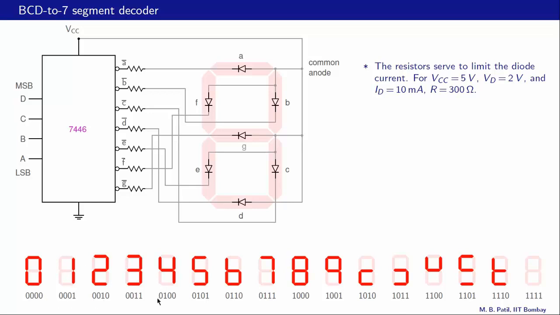Now of these various patterns, as a user we only care about numbers up to here. That means binary numbers from 0000 to 1001, because in our BCD number we are not going to encounter any of these binary numbers.